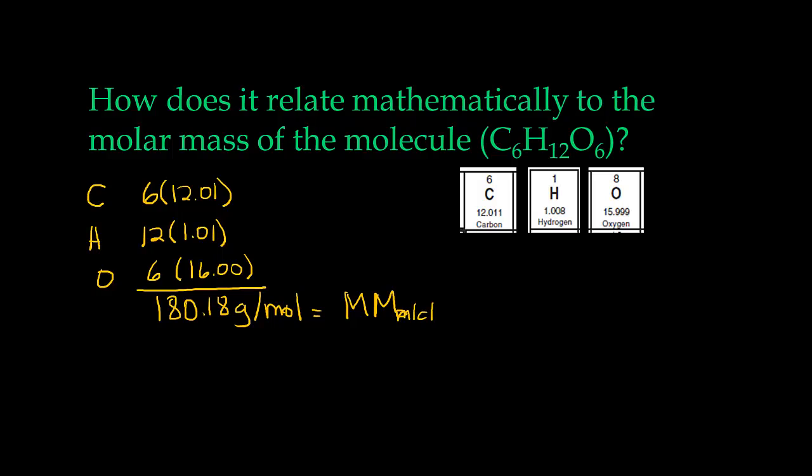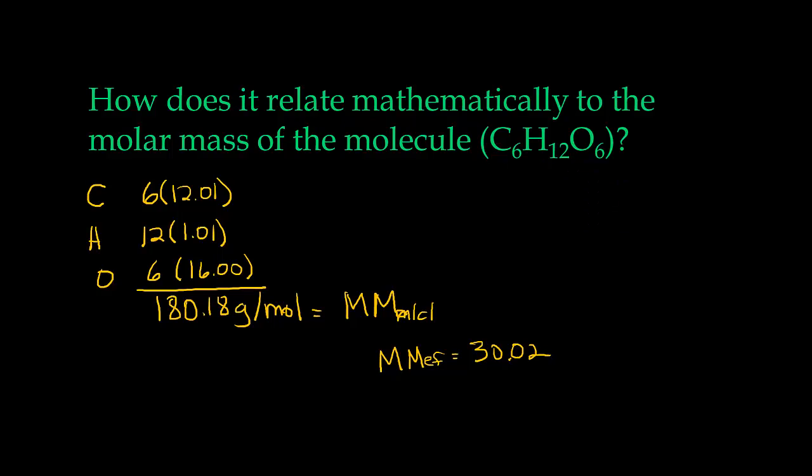Okay, and we know that the molar mass of our empirical formula is 30.02. Now we know that there are 6 empirical formula units of CH2O in C6H12O6. So if we take the molar mass of our empirical formula, which is 30.02, and multiply it by 6, we'll get 180.12.